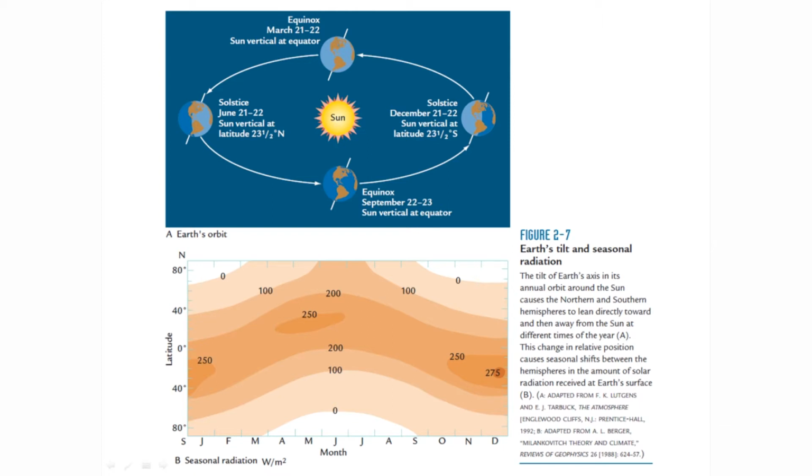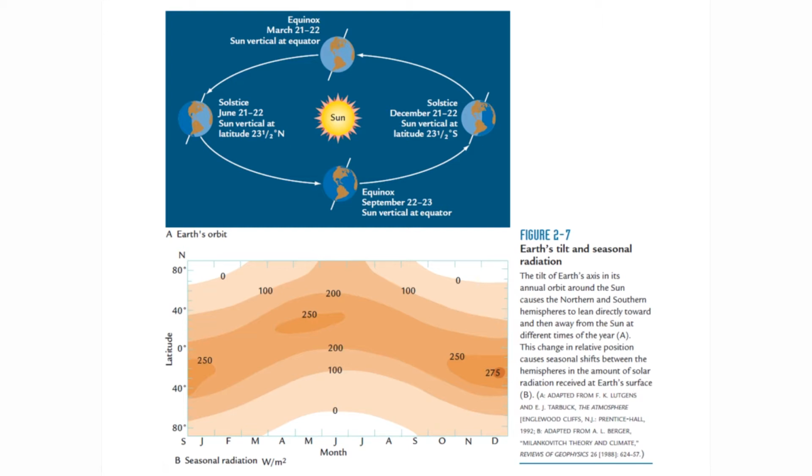So there is high radiation during its summer, but it gets no radiation during its winter. The same way for the northern hemisphere. And in the tropics, if you draw a line across the equator or any of the low latitudes, the radiation changes, but not much. So obviously the seasonal contrast is very high as you go to higher latitudes, but as you stay at the lower latitudes, the seasonal contrast tends to be very low. This is not something very new to you, but it's good to remember this distribution of energy that's coming in.